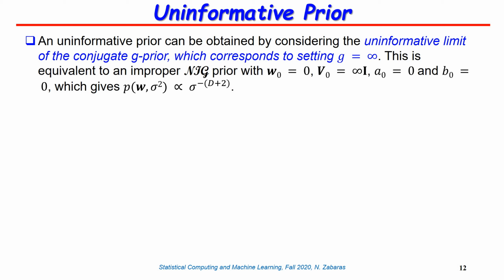So let's see some uninformative limits of this G prior. Let's see what we can do. Before, you remember, we selected A0 equal to 0, B0 equal to 0, W0 equal to 0.